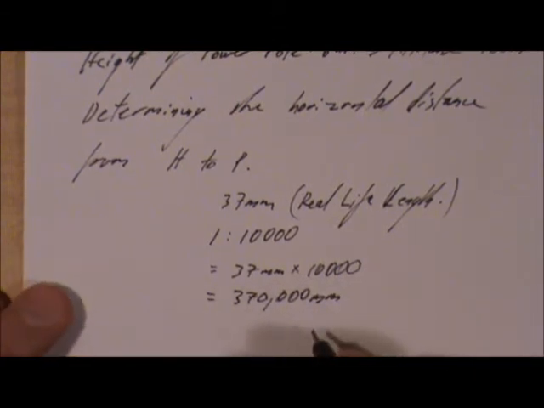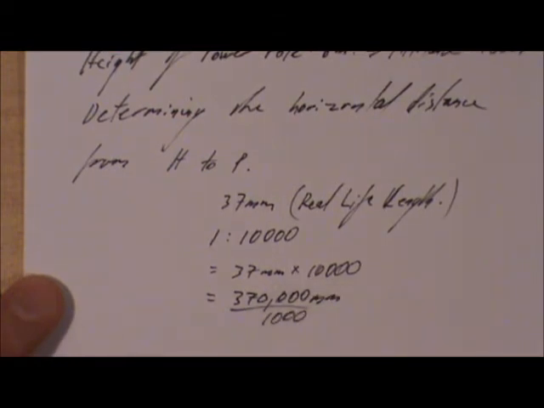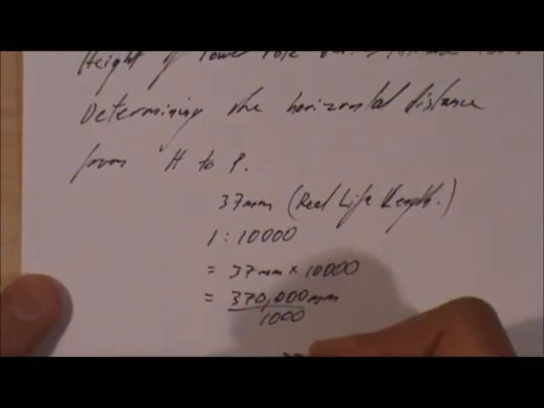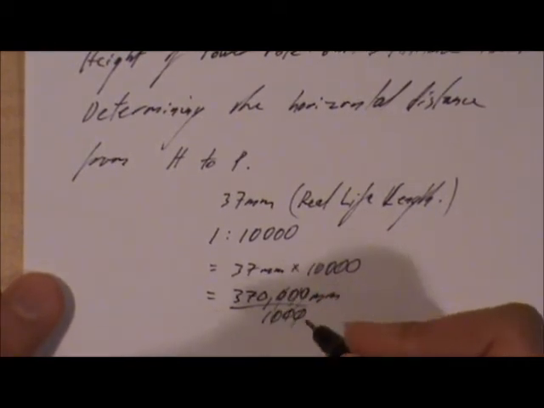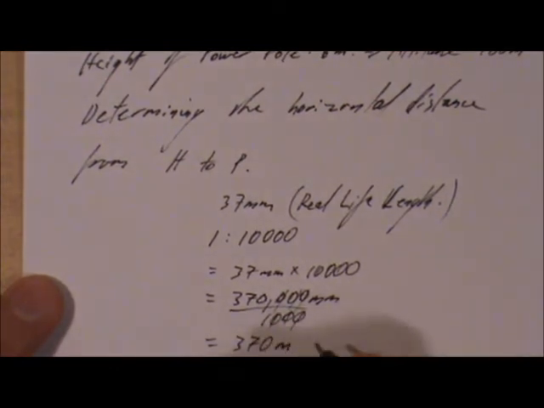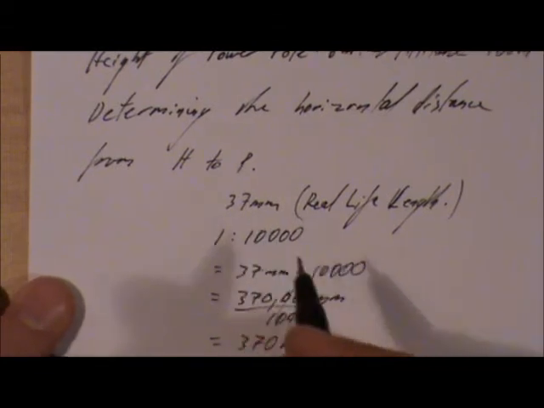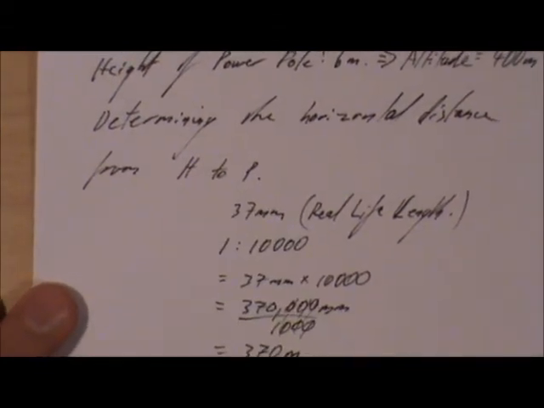Now we need to convert that to meters, so we simply divide by 1,000 because there are 1,000 millimeters per meter. Zeros cancel out, and we're left with 370 meters. So we've just established that the horizontal distance from H to P is 370 meters.